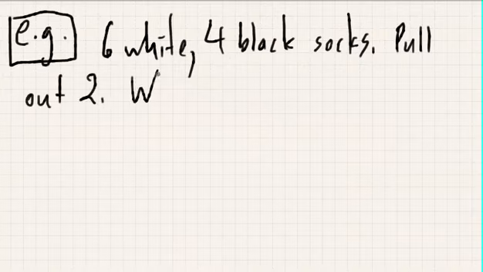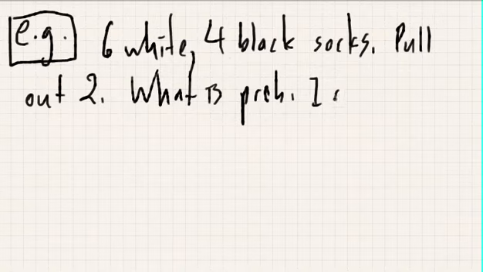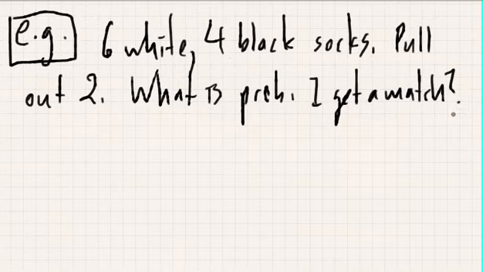What is the probability I get a matching pair? The way we would have done this before is to count the number of ways I could get a pair of white socks, the number of ways I could get a pair of black socks, divided by the total number of ways I could get a pair of socks. But let's do something a little bit different this time. Let's draw a tree diagram that represents all the sequences of what I could choose.